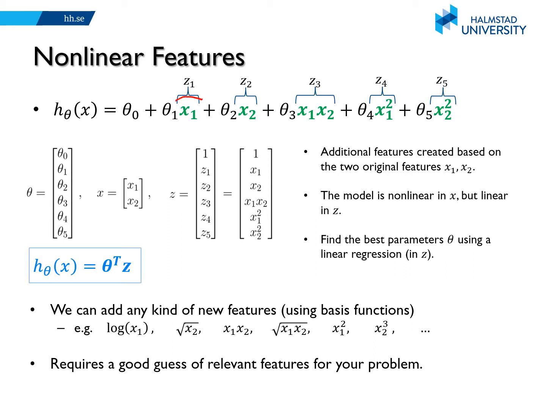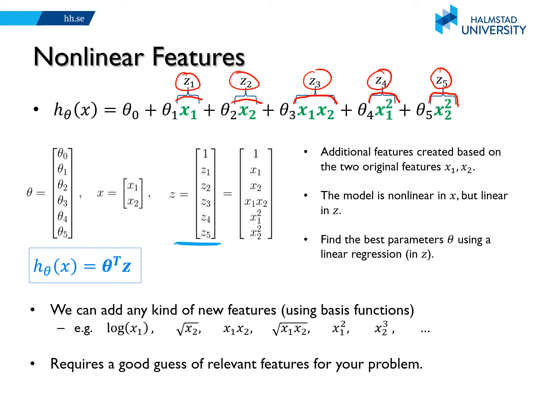So these are our two original features, x1 and x2. And we can actually consider that this is a new feature that we added, x1 times x2, and we just call it z3. And this is another feature that we added, and it is called z4. And x2 squared is also another feature that we call z5.